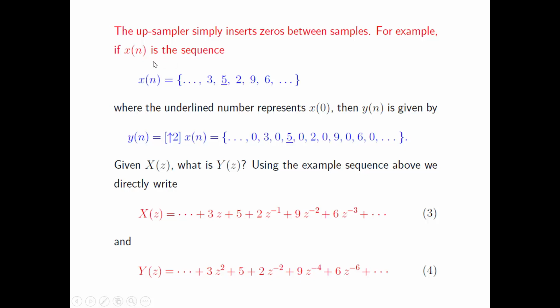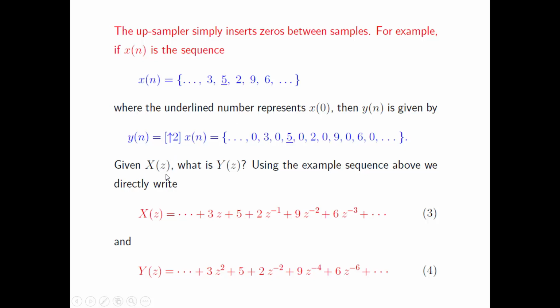For example, if we have to upsample by 2, we will insert 2 minus 1, that is 1 zero, between each sample. And if we have to upsample by 3, we will insert 2 zeros. Like that, we will insert 0 before 3, we will insert 0 before 5. So between every two samples we will insert 1 zero, because we are upsampling by 2.